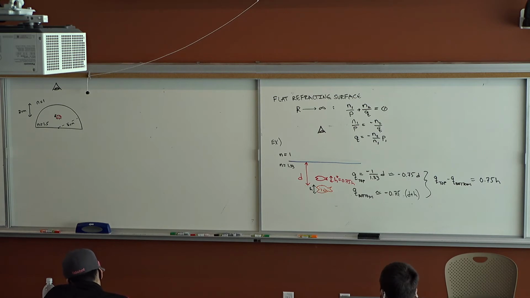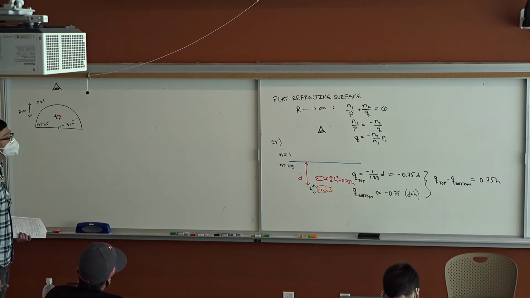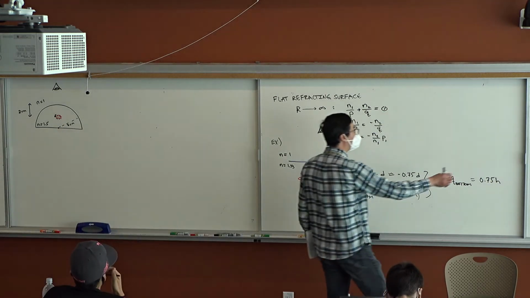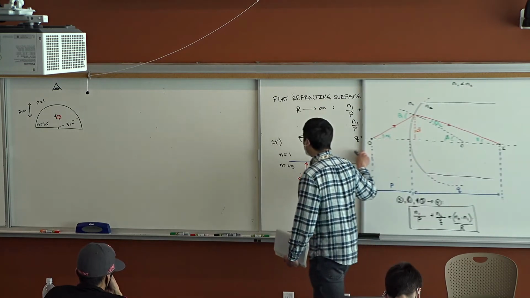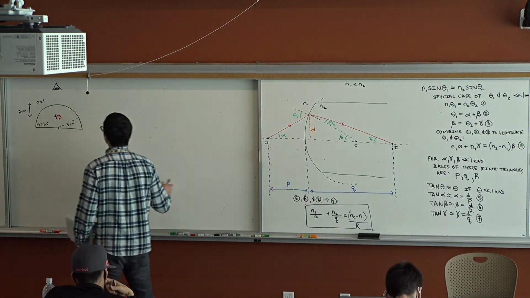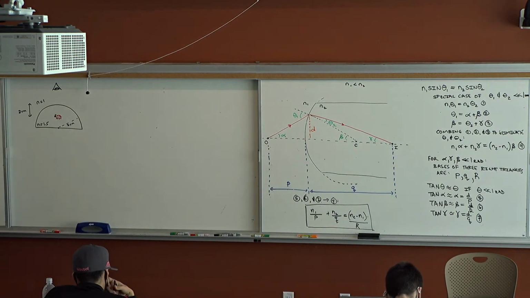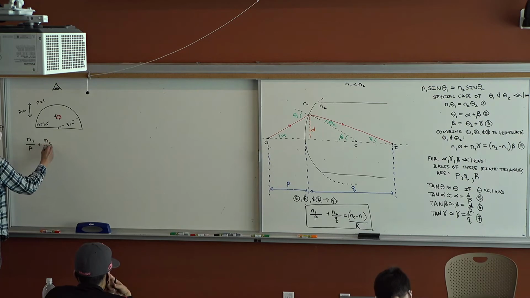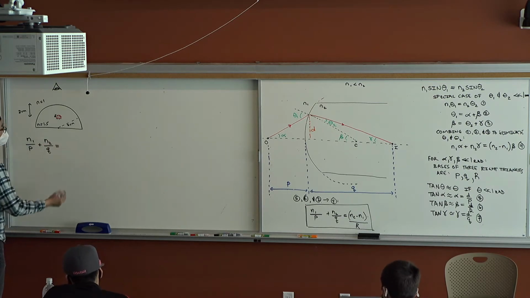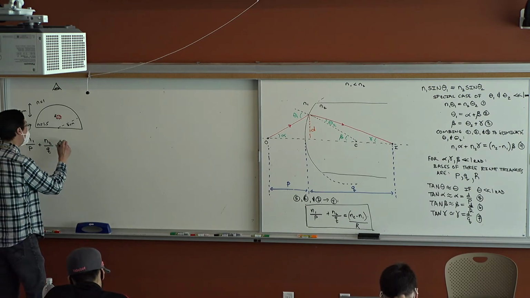So somewhere over there, off screen, I suppose. We still have n1 over p plus n2 over q is n2 minus n1 over r.